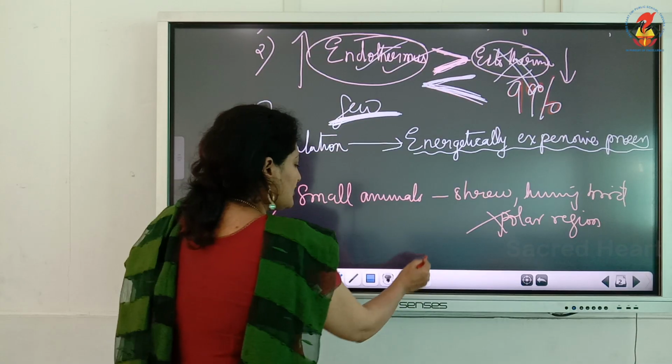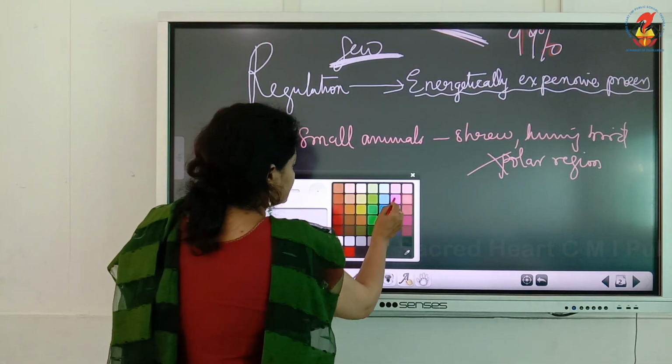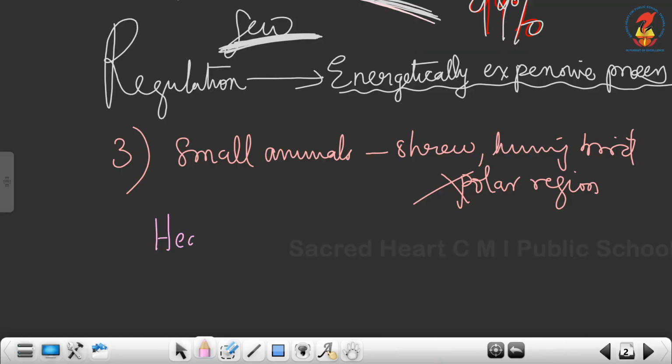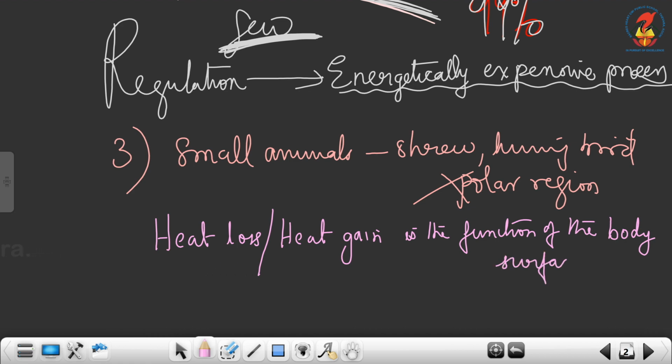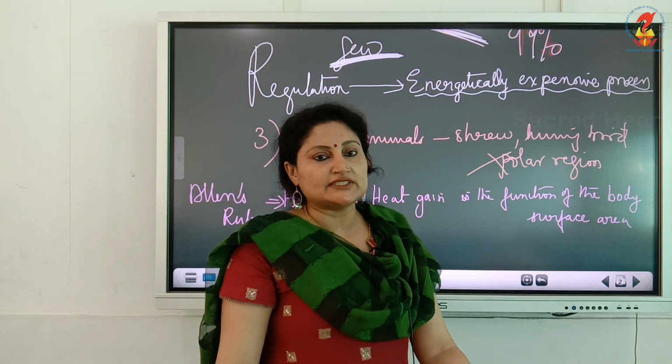Here you must remember the rule put forward by the scientist Allen, Allen's rule, which states that heat loss or heat gain is a function of the body surface area. Remember this rule put forward by Allen, and therefore it is called Allen's rule.